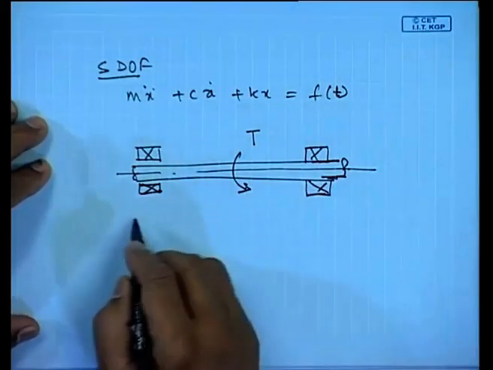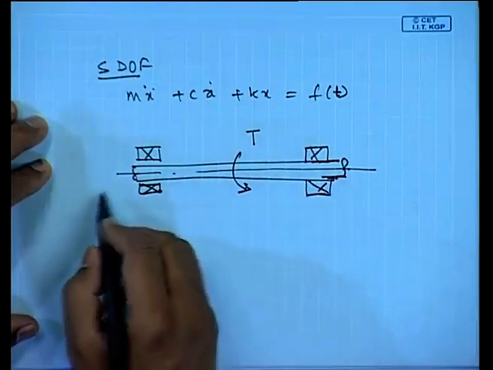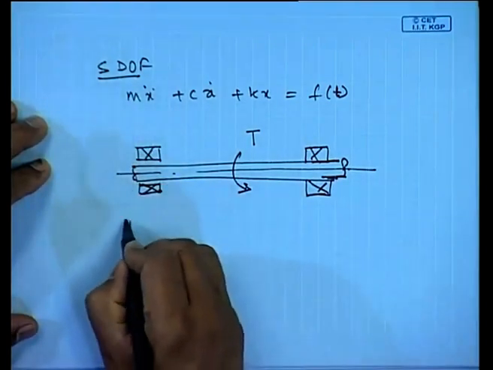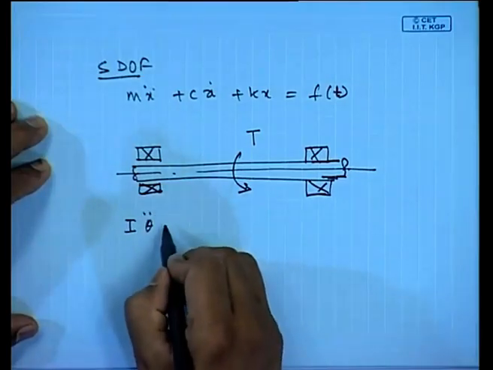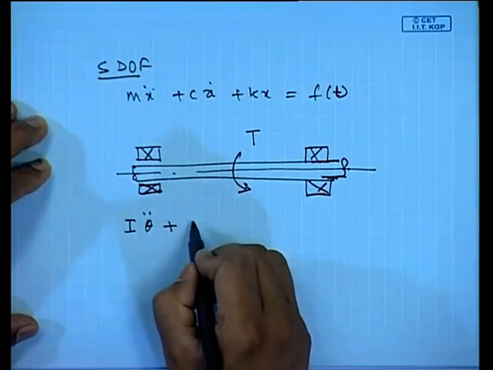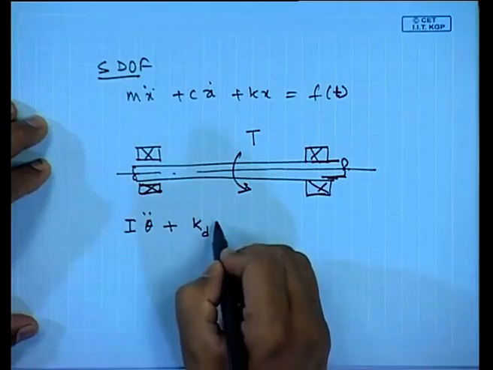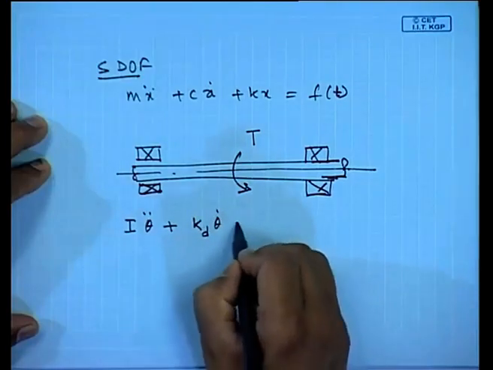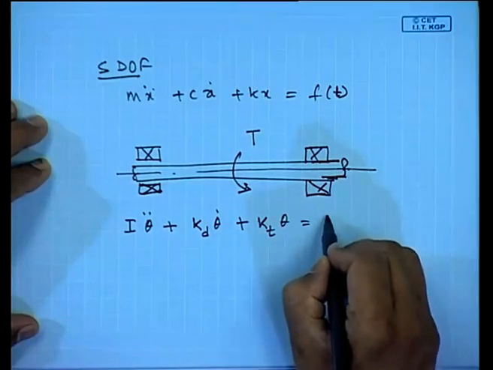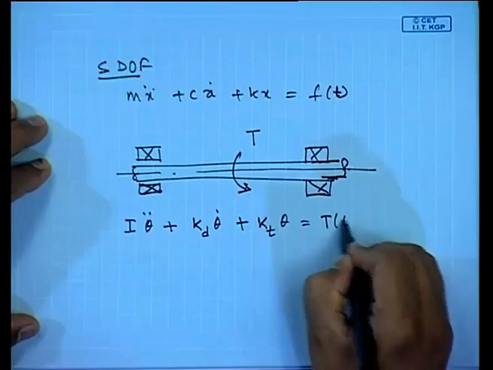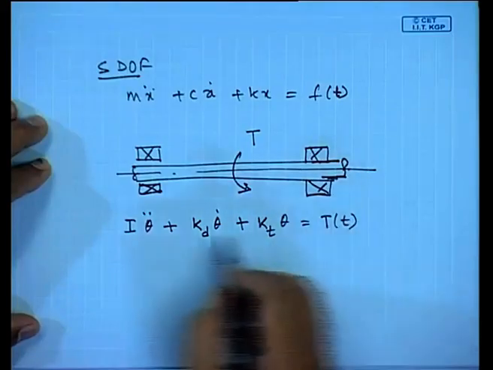So, how do I write the equation of motion for such a torsional system? This will be the mass moment of inertia times the angular acceleration plus the damping coefficient in the rotational domain times the angular velocity plus the torsional stiffness times the angle, equal to the applied torque, which I am writing as T(t), capital T being the torque.